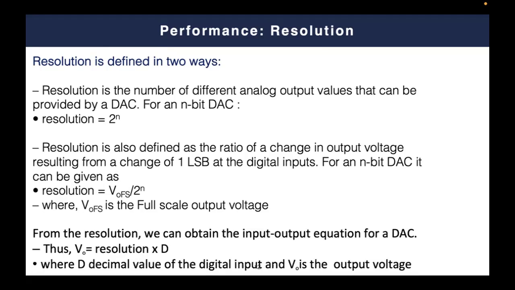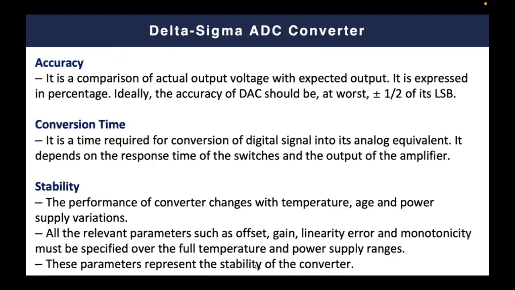And this leads to what we call the accuracy of our DAC. Again, the accuracy of the DAC is inherited from the accuracy of the ADC. If you remember, we mentioned while discussing the quantization process in the ADC that the quantization error is not a reversible error.